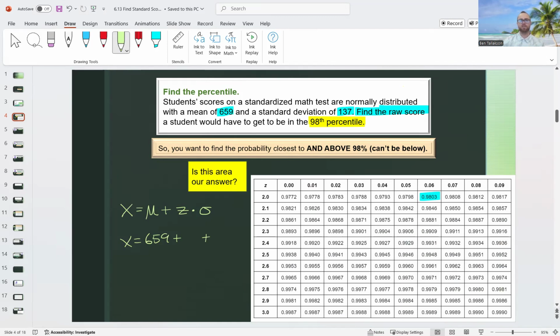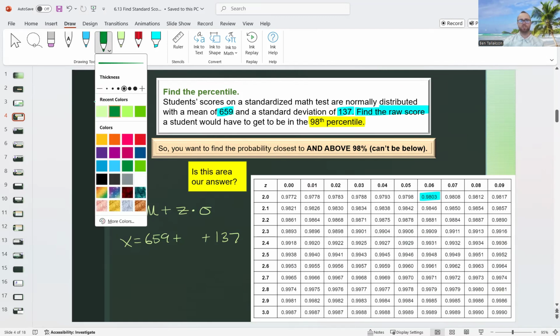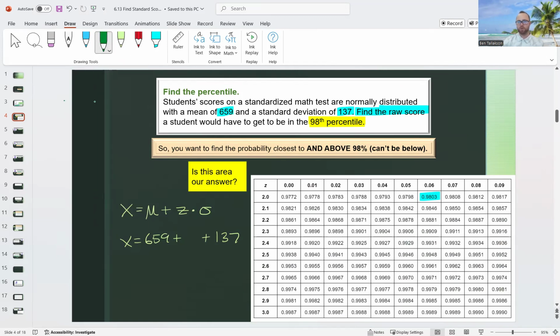And this symbol is for standard deviation. They told us 137. Now, what's the z-score? Well, you learned how to do that just a moment ago. If you have the area, you can find the z-score working our way inside out. 2.06.